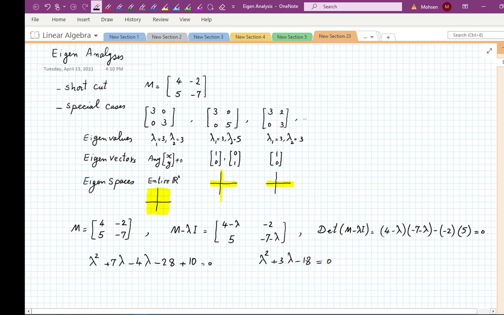So we always come to some creature of this sort. Now last time I forgot to mention that there is some name given to this. This is called the characteristic polynomial.